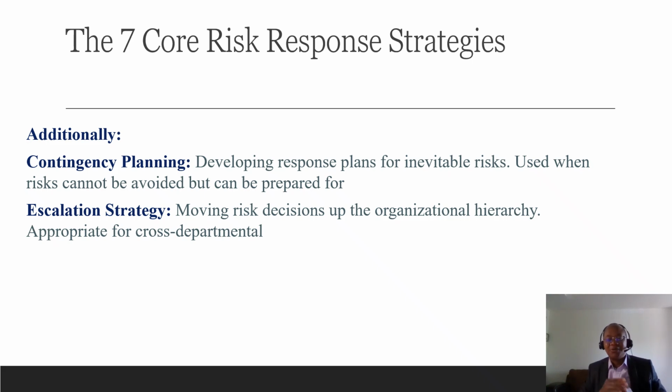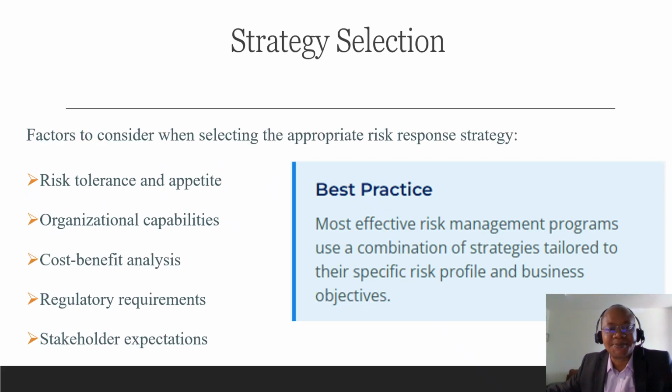So escalation will help to move it upward, so that everybody within the organization is in the know of what could go wrong. So, selecting a particular strategy, that decision must be taken critically.